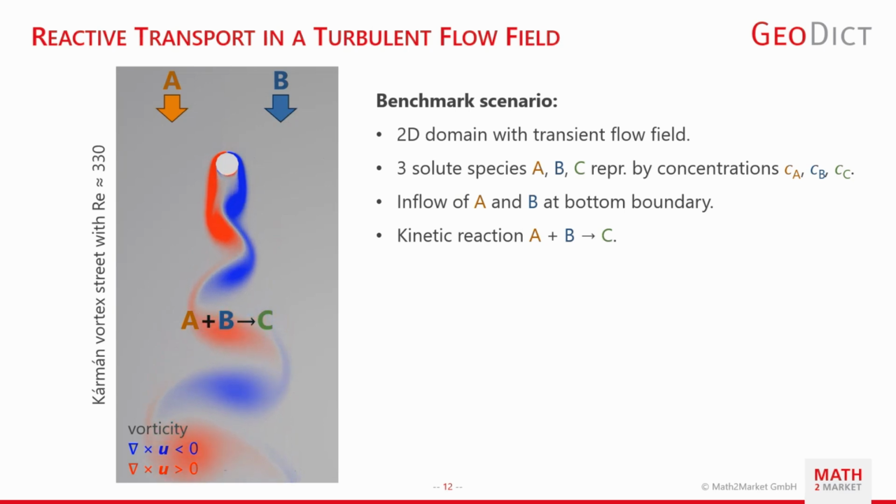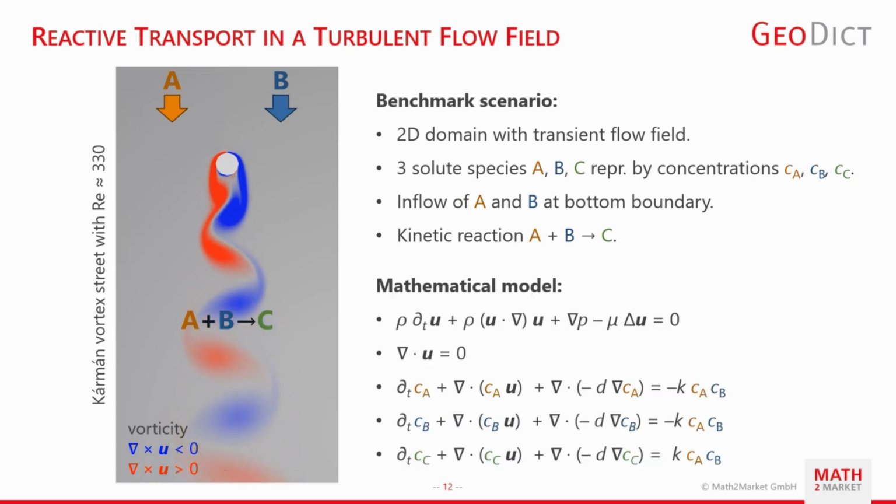Why do I do that? The reaction can only occur when both concentrations for A and B are non-trivial, which means that they're non-zero. And this is something that you see very well in the mathematical equation. So you have here the Navier-Stokes equation for the transient flow field. Transient means that it always changes in time, so it's not stationary. You have here the incompressibility constraint, and here a transport equation for each species concentration. For the concentrations of A, B, and C, we have the advection terms and the diffusion terms.